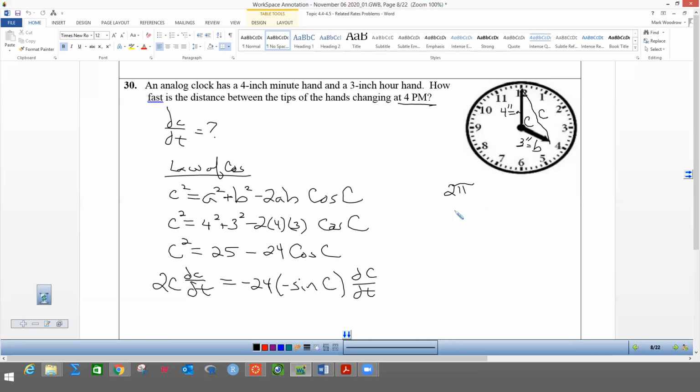And the minute hand goes around 2 pi in 1 hour. So the rate of change of the minute hand is 2 pi per hour.